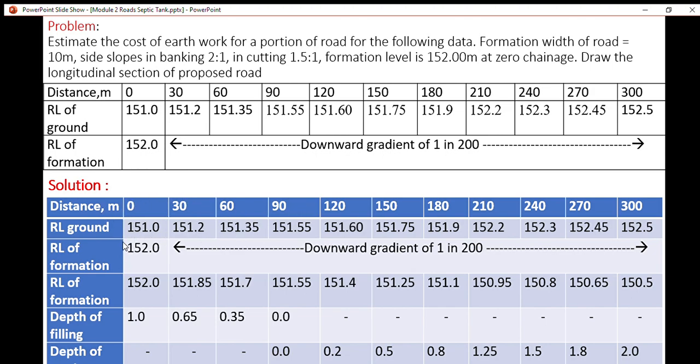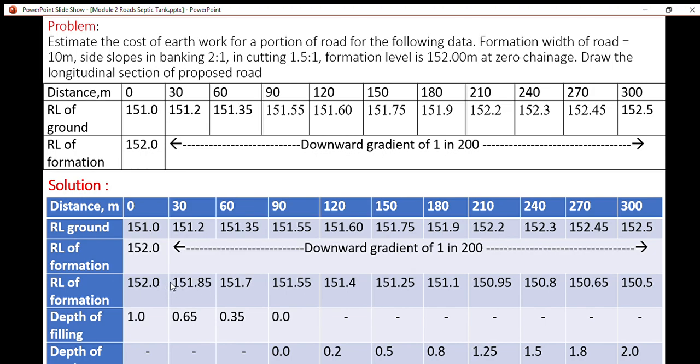Knowing the RL of formation at zero chainage being 152.0, the RL of formation at subsequent chainages at 30 meter intervals is calculated based on the downward gradient given as 1 in 200. 200 is to 1, 30 is to how much? That is 30 by 200, equal to 0.15 meter.